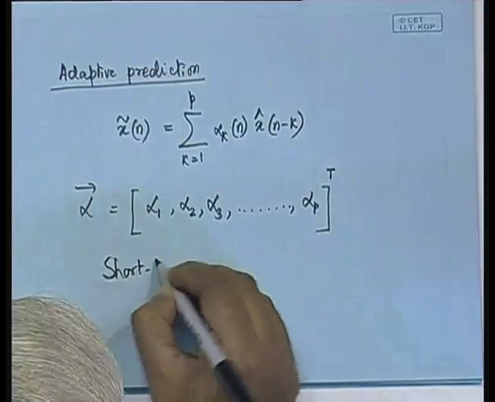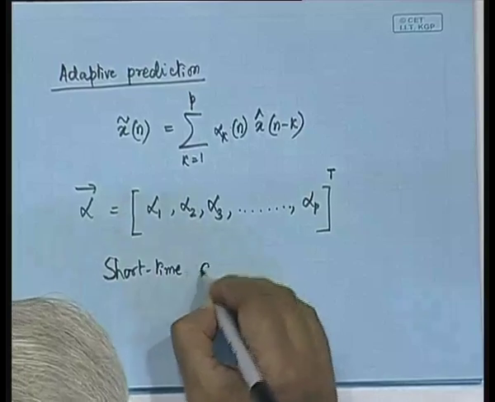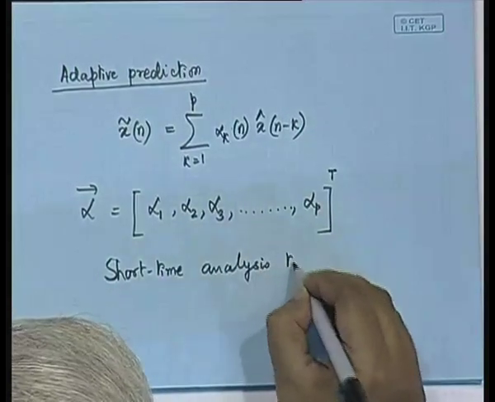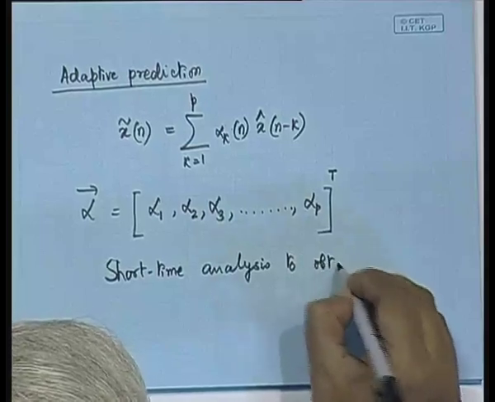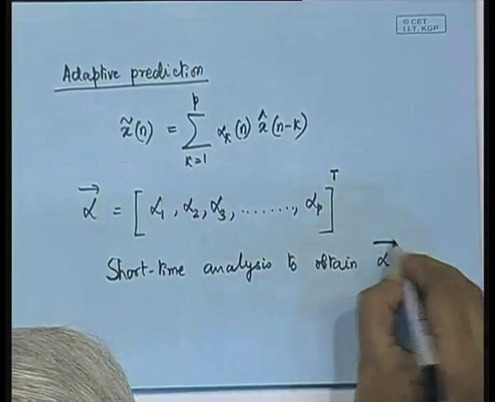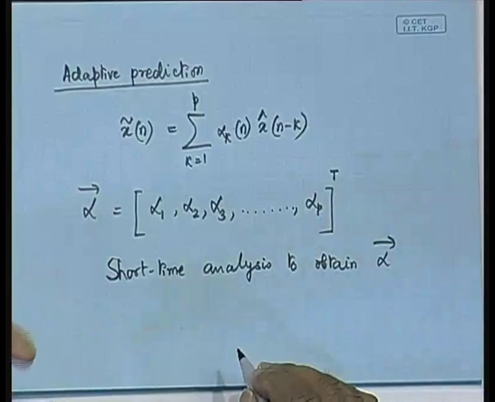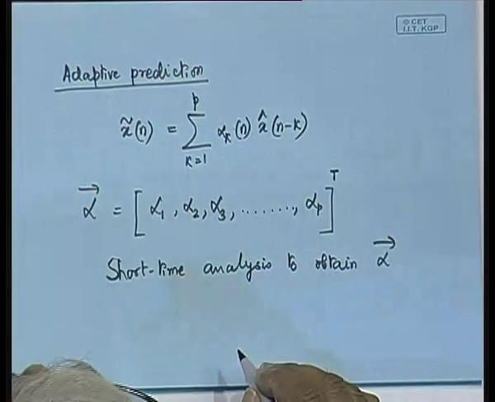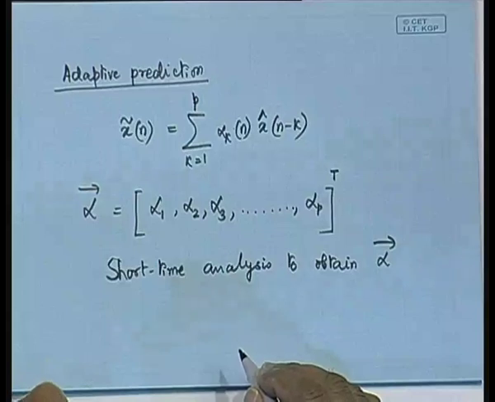So, that means to say that you are having definitely a short time analysis, because during that short time you are assuming the properties of the speech waveform to remain constant.